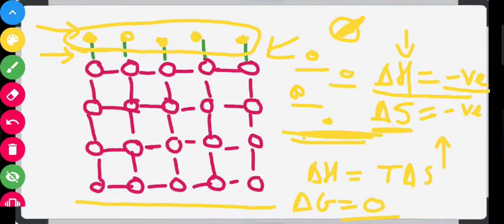Okay, so no surface is left, that means no adsorption can take place. At that time delta H and T delta S will be the same, and that's why delta G will become 0. Okay, so the full surface will be covered.